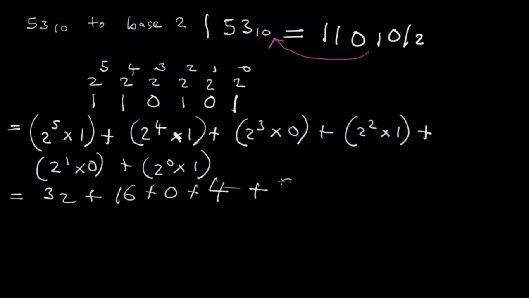So we can just add 0 plus, remember again, any number raised to the power 0, it's 1. So 2 to the power 0, it's 1, and 1 times 1, it's 1.